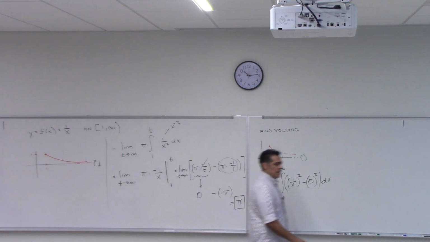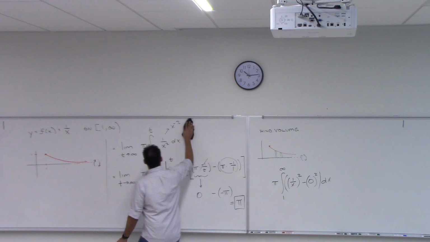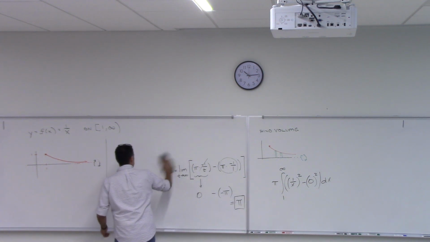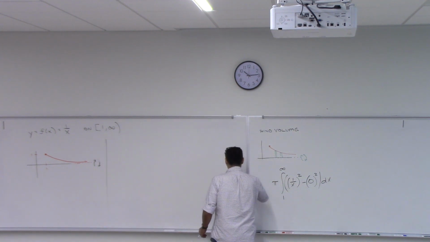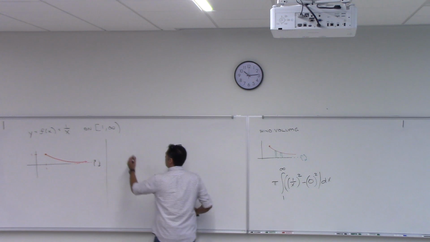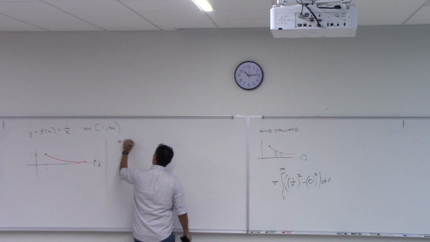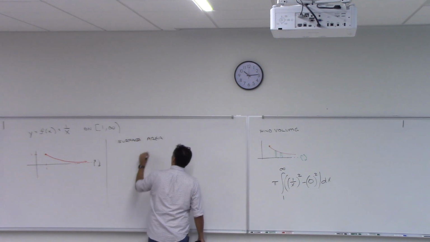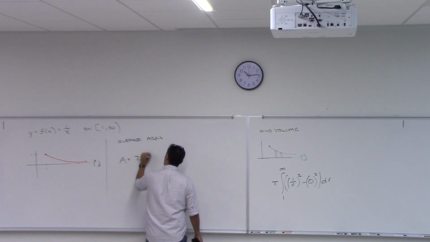Now let's do surface area. So to do surface area, I've got to do area is 2 pi, integral from 1 to infinity.